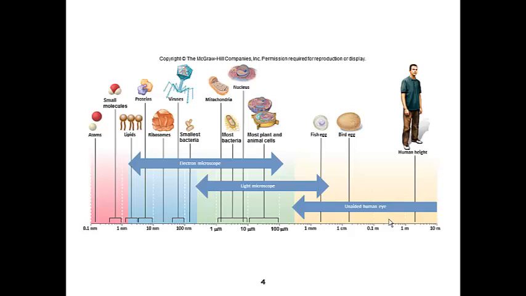To give you a sense of scale here, a human, a bird's egg, a fish egg, all of those can be viewed with the unaided eye at about 200 microns. The eye becomes limited. We then can turn to a light microscope to look at plant and animal cells, small single-celled organisms, even large organelles, as you observed, I'm sure, in A&P.